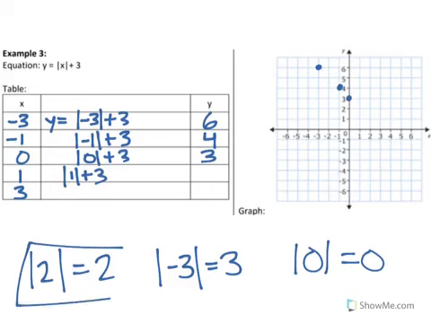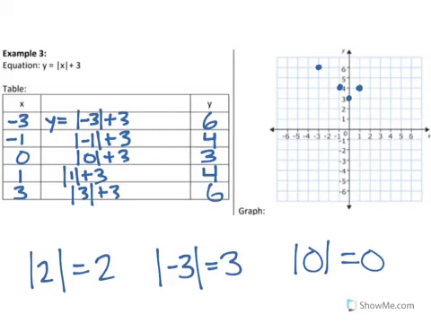If we take the absolute value of a positive number, it stays positive. So absolute value of 1 is 1, plus 3 is 4. And we have a point at 1, 4. And then last one, absolute value of 3, which is 3, plus 3 is 6. So we have a point at 3, 6.